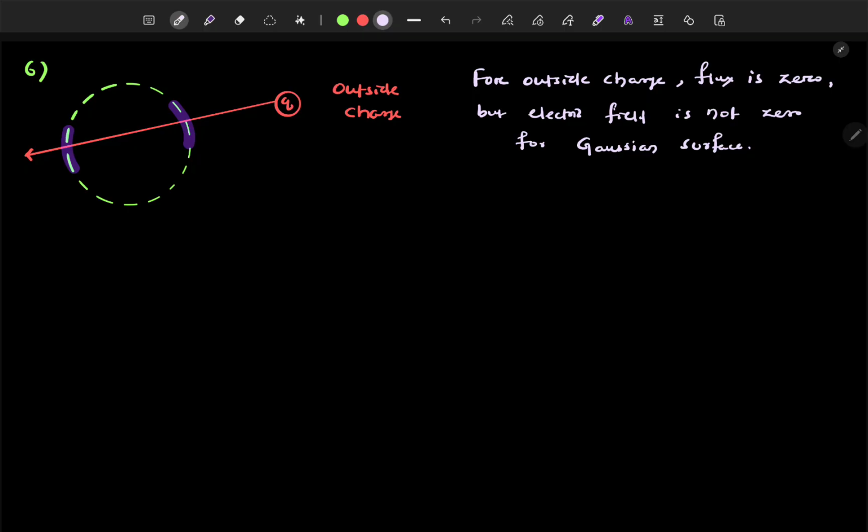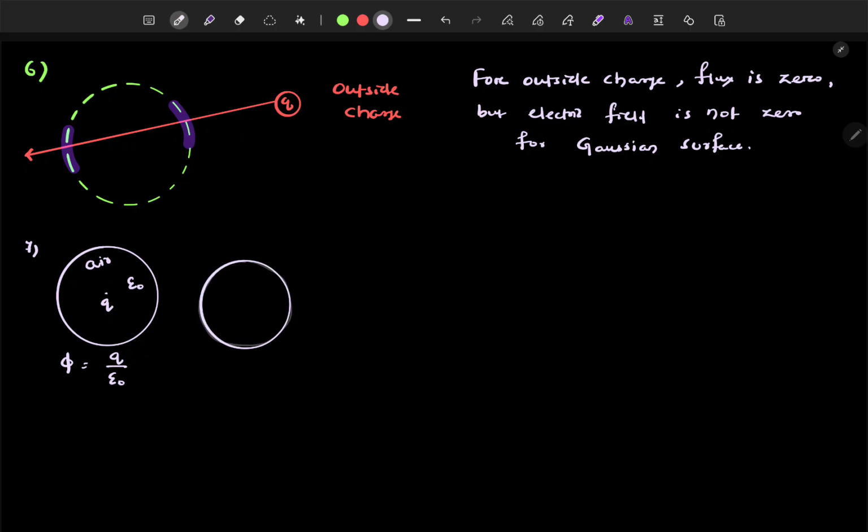Next come to point number 7. Suppose this is your Gaussian sphere, and here air is present. Inside charge is Q at the center. The permittivity is epsilon naught, so in this case flux will be equal to Q divided by epsilon naught.